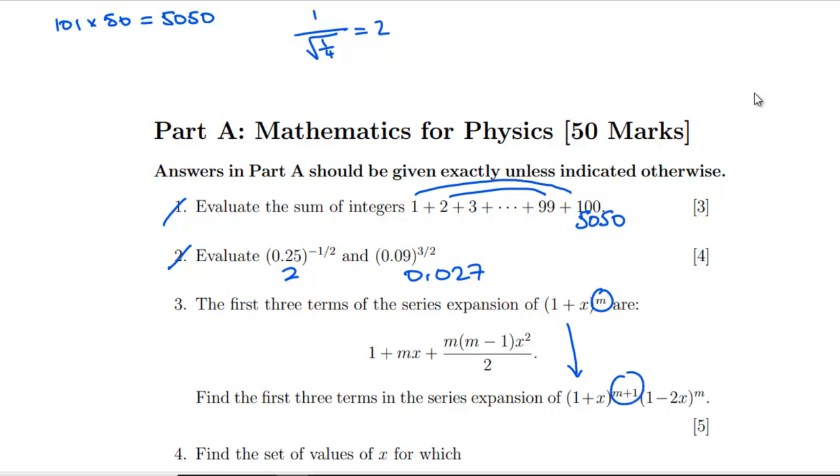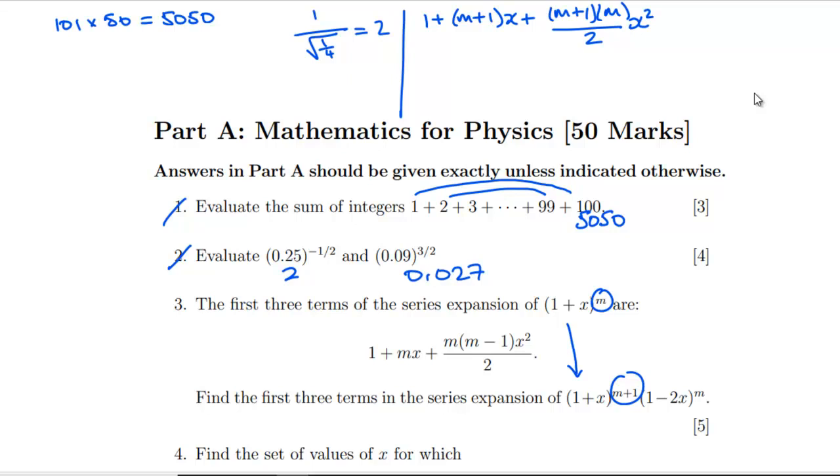So we just need to reproduce this with an m plus 1 everywhere that there's an m. So let's put this up here. So we're going to have 1 plus (m plus 1)x plus (m plus 1)(m plus 1 minus 1), so that's m, over 2 times x squared.